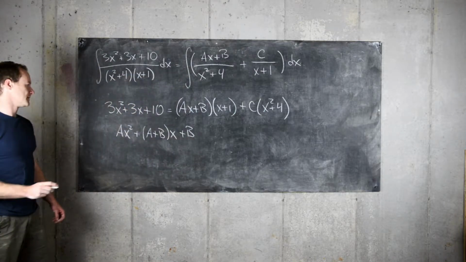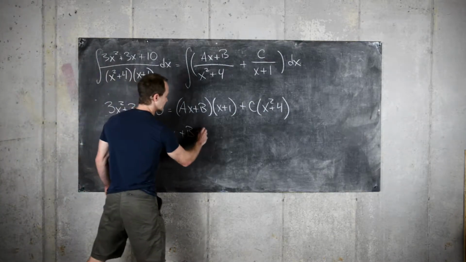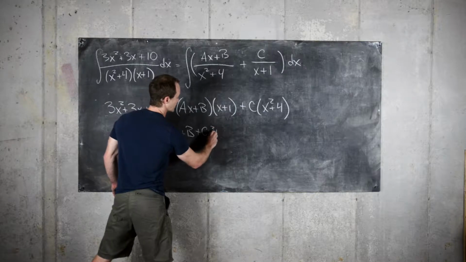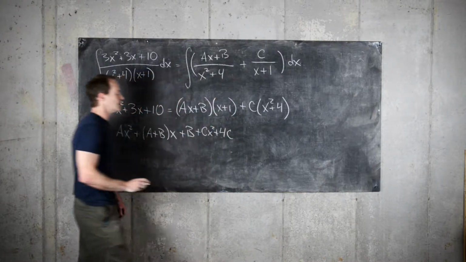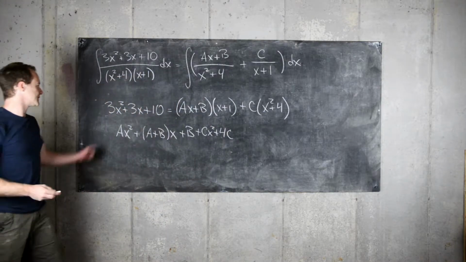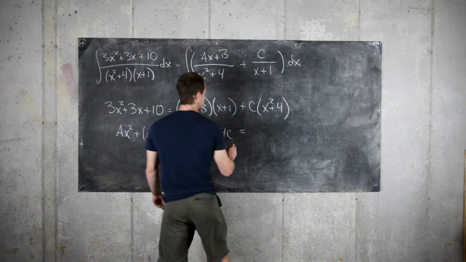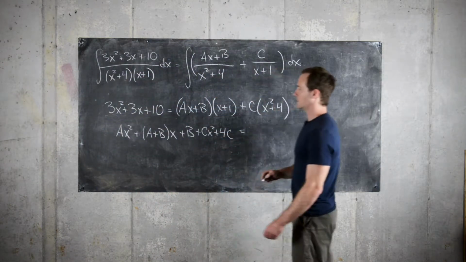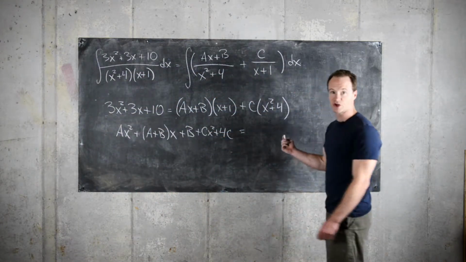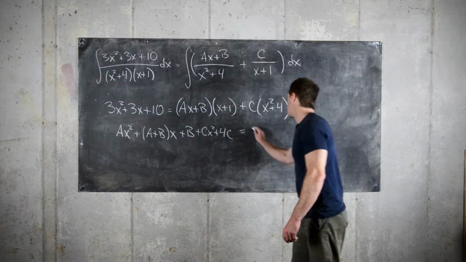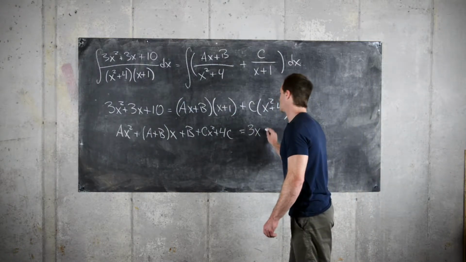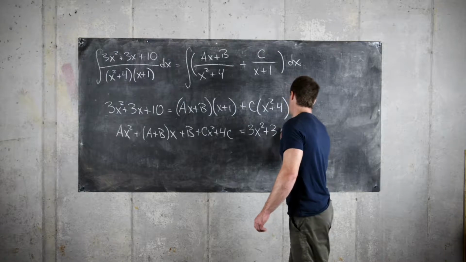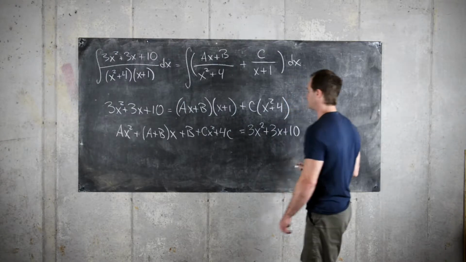So there we go. And then finally we have plus cx squared plus 4c, multiplying out that last term. So this entire thing is equal to the left-hand side in the previous step, which we're changing to the right-hand side. So there we have 3x squared plus 3x plus 10.